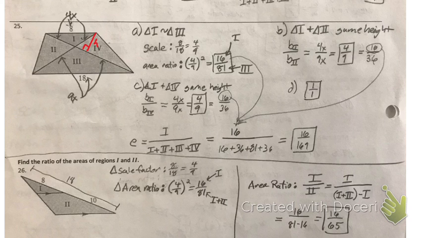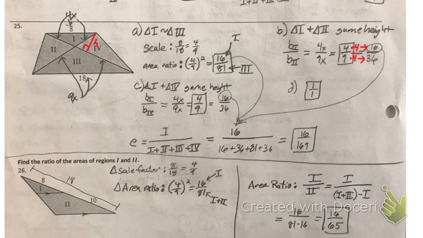Right here it's 4. What I'm going to do is take that 4 over 9 and multiply the top and bottom by 4 to keep it balanced, which will give me 16 over 36. Now my region 1s are both 16. I have to do the same thing here because I have a 4 here, so I have to multiply the top and bottom by 4, which will give me 16 over 36.